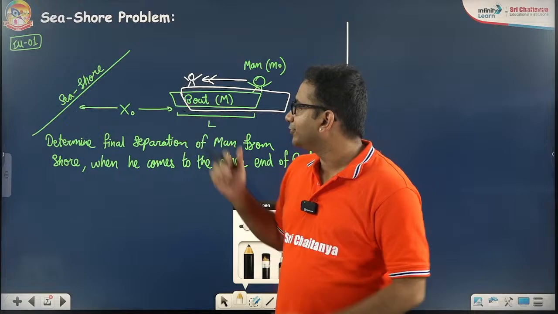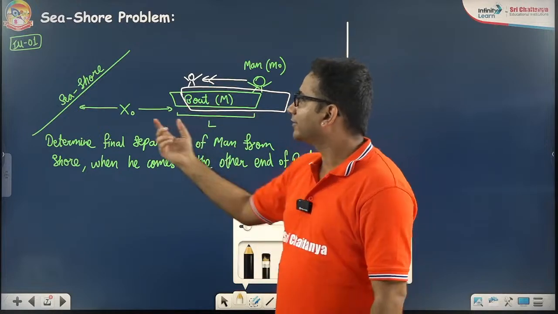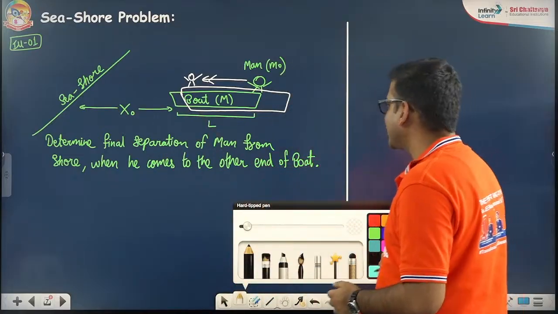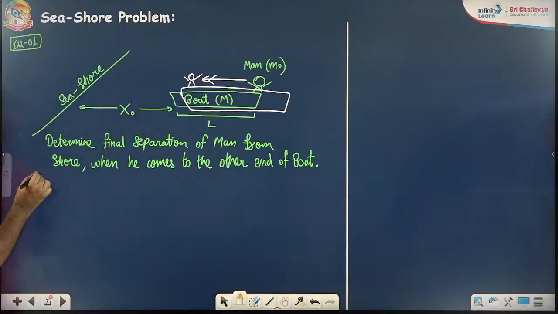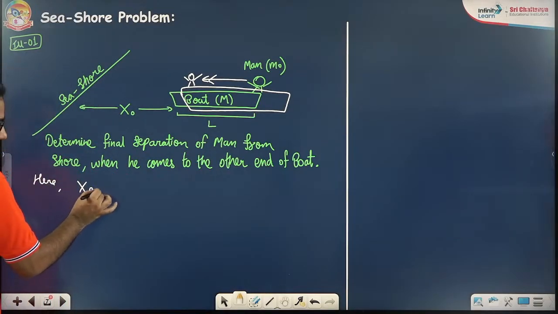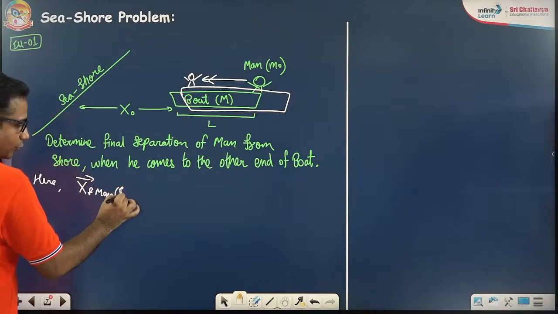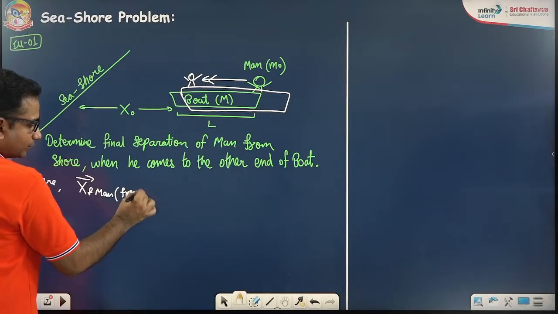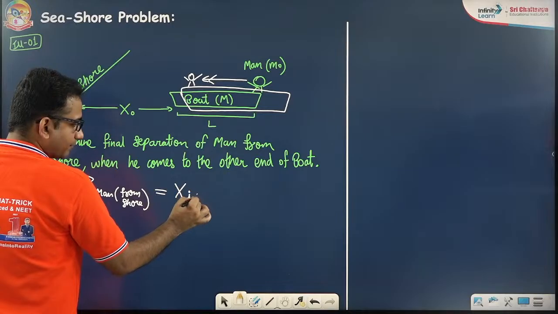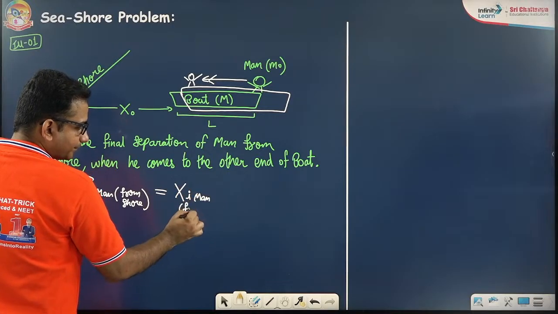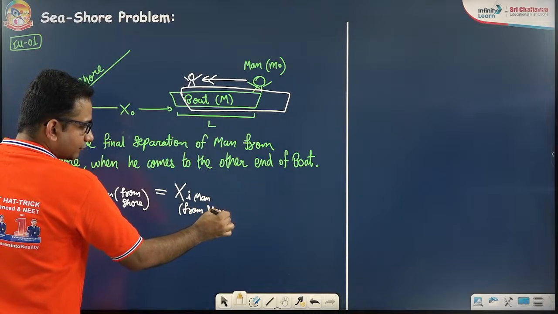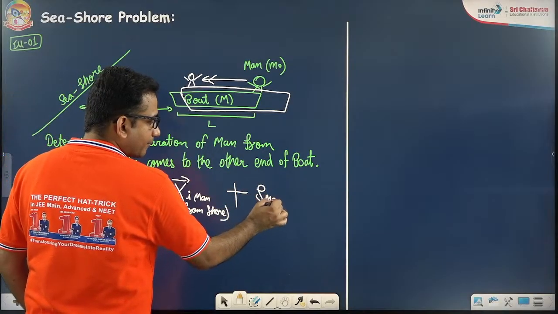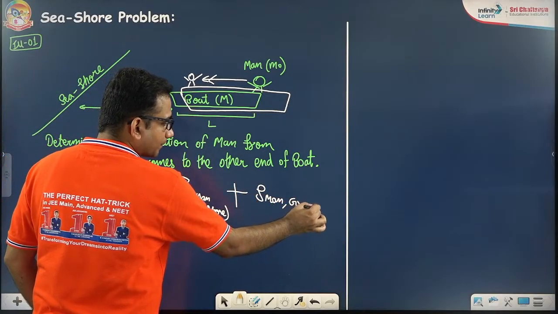How? I hope you did understand that since the boat is also moving, the final separation will not be x0, it will be x0 plus something. So I will say here, the final separation of the man, x final of man from shore, will be equal to the initial separation of man from shore plus the displacement of the man covered with respect to ground.